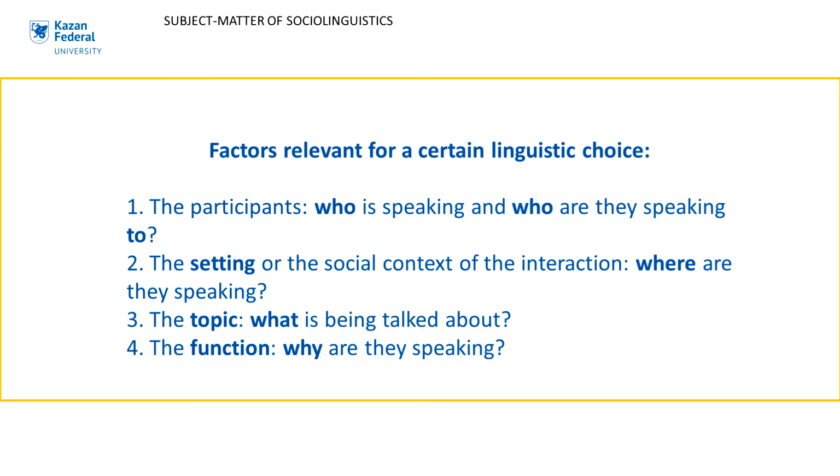In each of the examples discussed, certain factors have been relevant in accounting for the particular variety used. Some relate to the users of language, the participants. Others relate to its uses, the social setting, and the function of the interaction. Who is talking to whom? Wife to her husband, boss to his or her worker is an important factor.